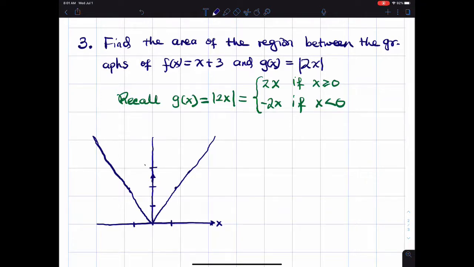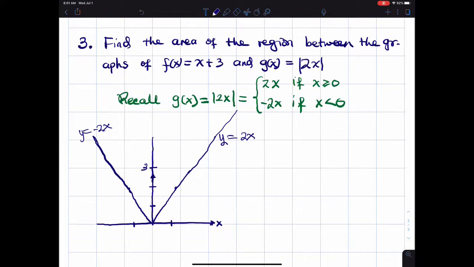So this is y equals 2x. This is y equals negative 2x. And we have our f of x, which is y equals x plus 3.